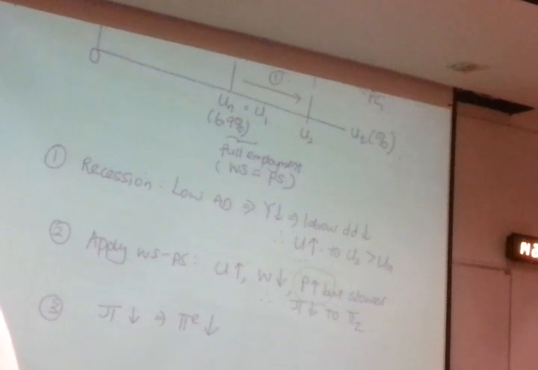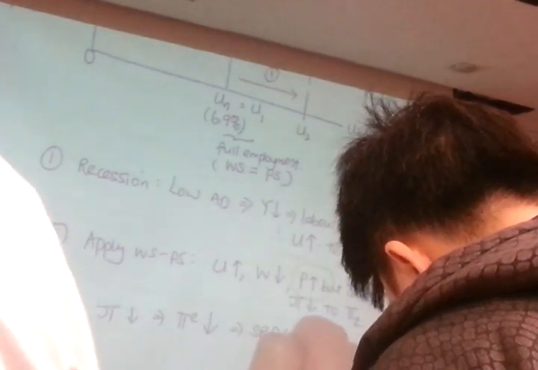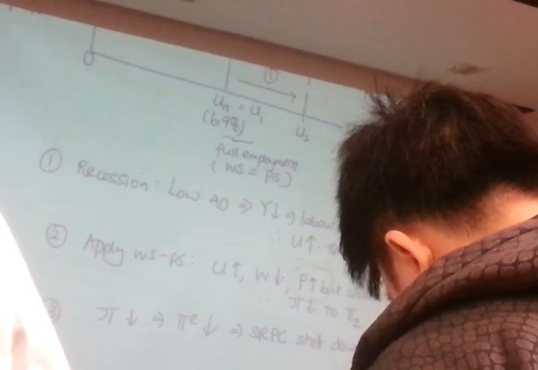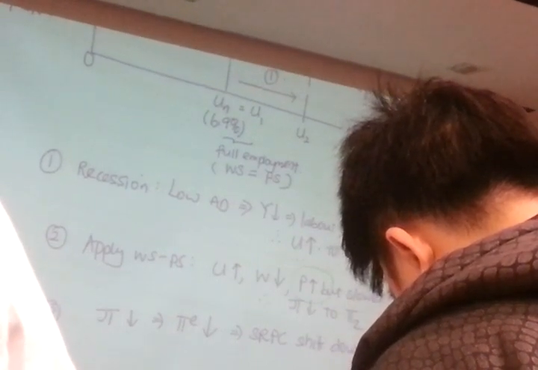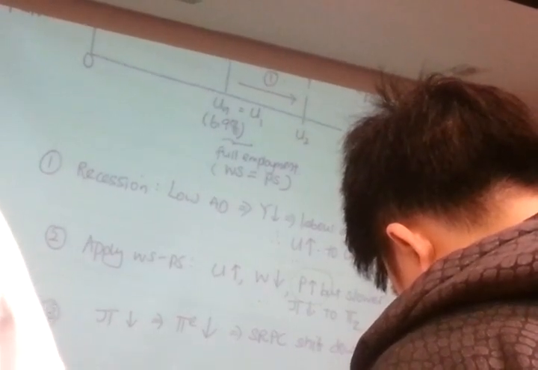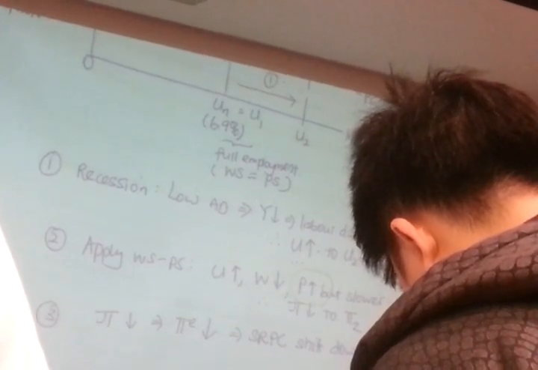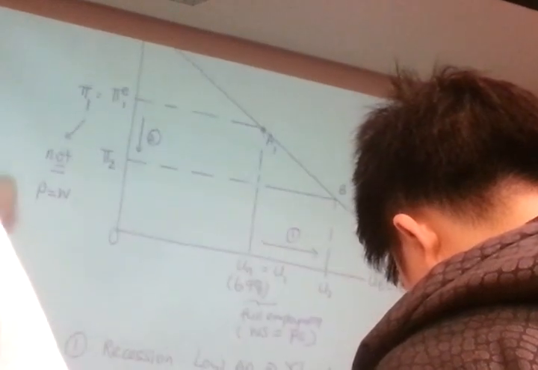But in the diagram, all we know is, therefore, the Phillips curve, we call it SRPC, shifts down to point A2. Because to reach expected price level, it can only occur at UN. Because when U equals UN, then we can see the pi E. Right, so in this case, go to the diagram.